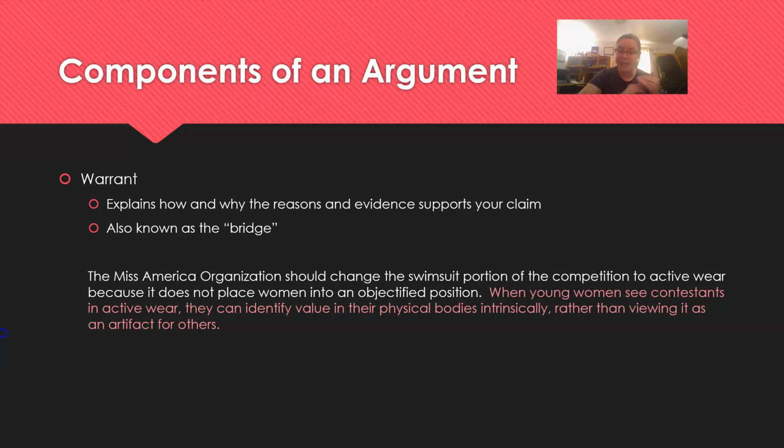So we've made that connection of saying, okay, here's how this specific reason supports my overall thesis or claim. And so again, we've already been doing warrants to a great extent, but especially in this type of argumentative academic writing, they are not just restricted to whenever we use the words from a source.